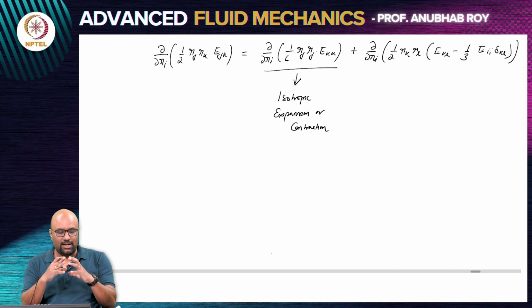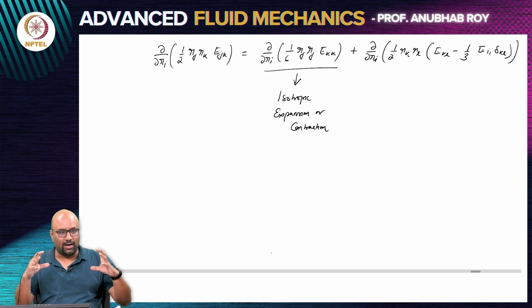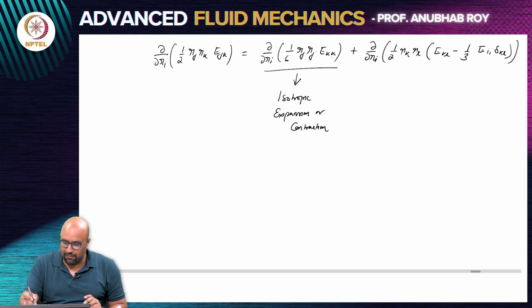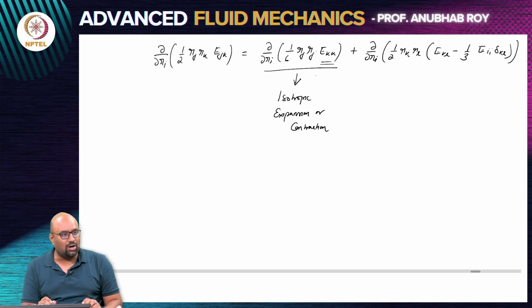If you just consider, let us say, a spherical volume, does it expand isotropically? That means by the same amount in all directions, or does it contract isotropically? So, if the velocity gradient was not divergence free, there would be an isotropic expansion or contraction, which means volume is not preserved. If volume had to be preserved, you cannot have isotropic expansion or contraction, right?